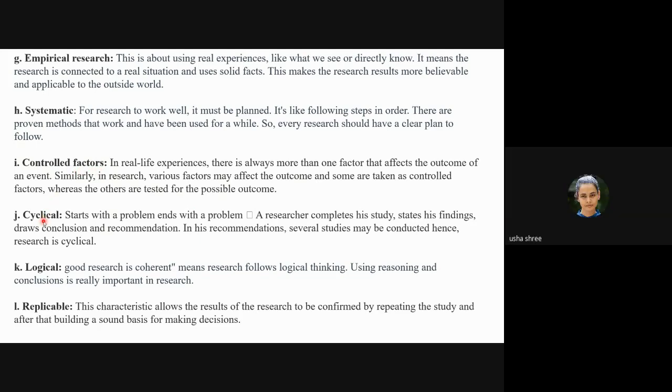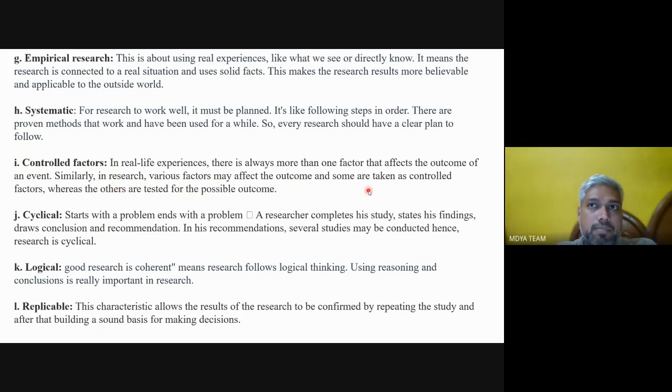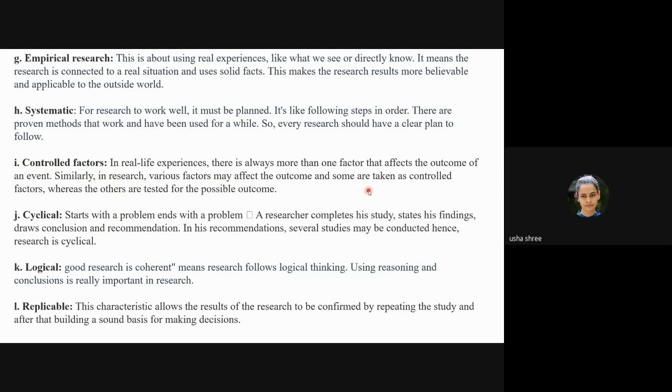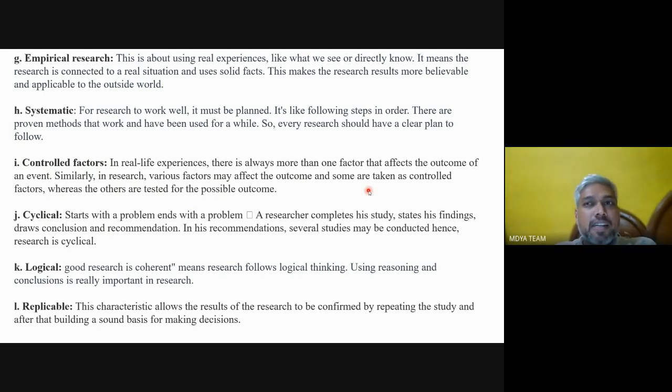Some are taken as control factors, what does that mean? See, like two variables you have taken, independent variable and dependent variable. These two factors are controllable. Dependent is mostly based on the independent variable, so we are controlling these two. They are control factors.